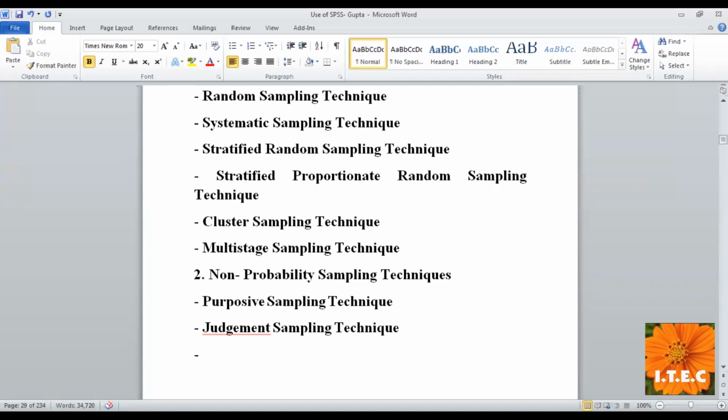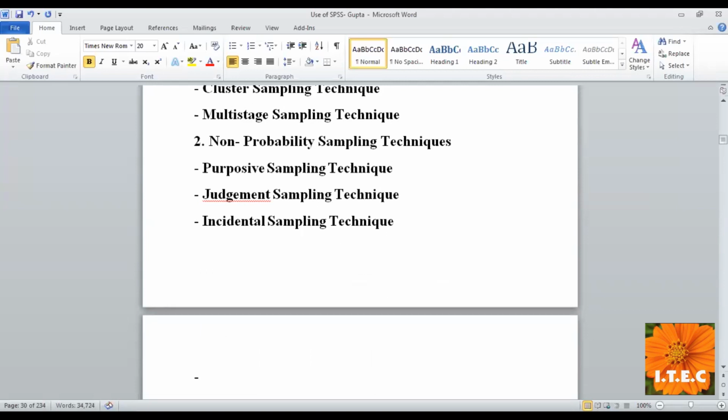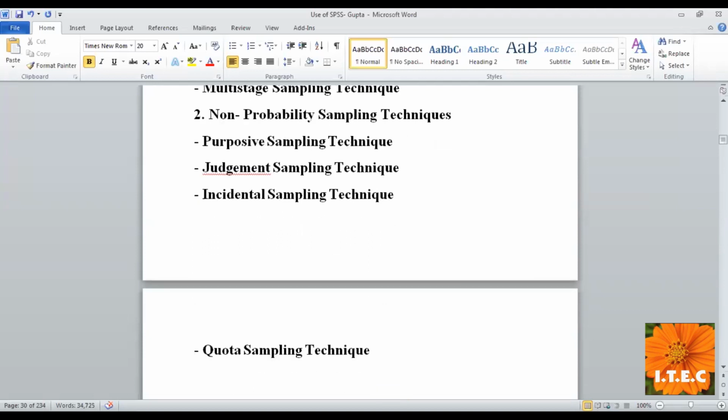Another is called incidental sampling technique. Another is called quota sampling technique. And the last one is called snowball sampling technique.